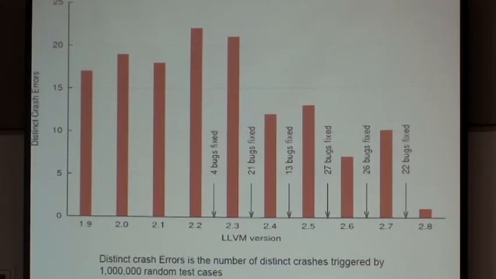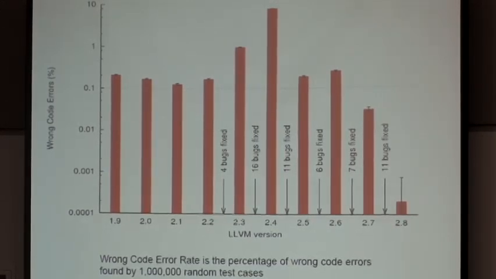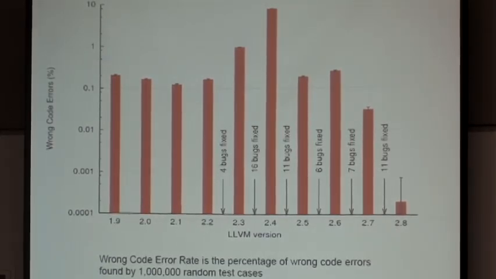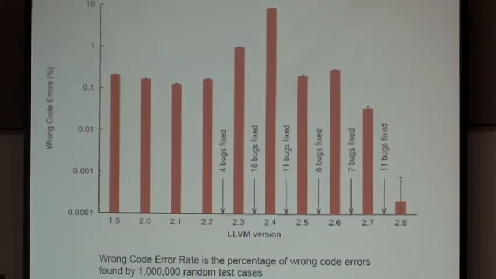Now let's take a look at all those wrong code errors, actually. And the y-axis is the wrong code error for those 1 million test cases in percentage. So 0.1% means we found 1,000 test cases which generate wrong code errors. A wrong code error means there are disagreements among the results from different optimization levels of LLVM.